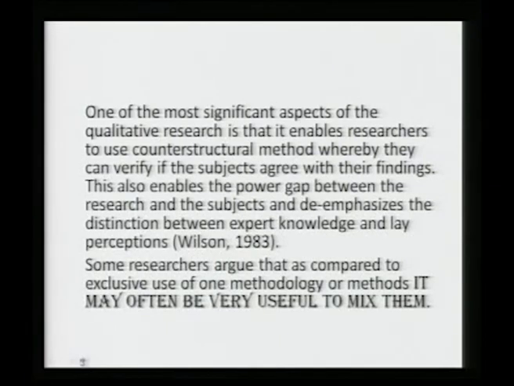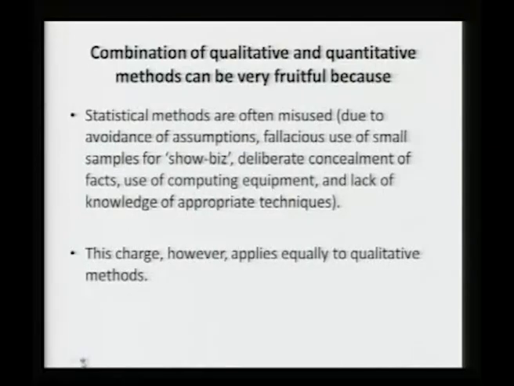Some researchers argue that as compared to exclusive use of one methodology or method, it may often be very useful to mix them. Therefore, a combination of qualitative and quantitative methods can be very fruitful, because statistical methods are often misused due to avoidance of assumptions, fallacious use of small samples for showbiz, deliberate concealment of facts, use of computing equipment, and lack of knowledge of appropriate technique.